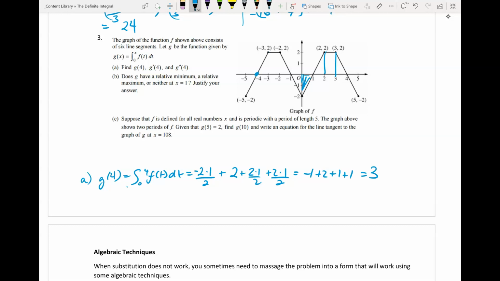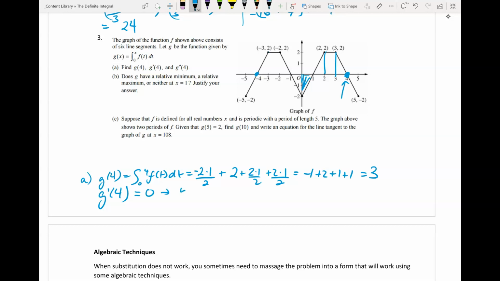Okay, for B, for g prime of 4, we're going to look at the y value of f at x equals 4. And that is located over here. So this will be 0, because that is our y value there.